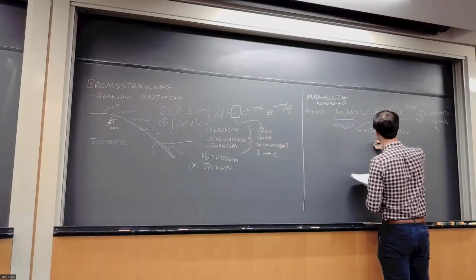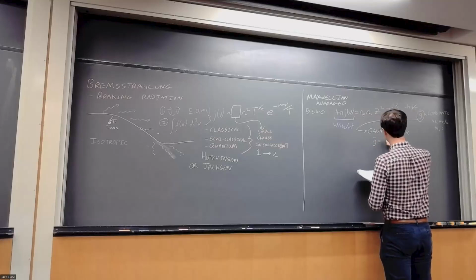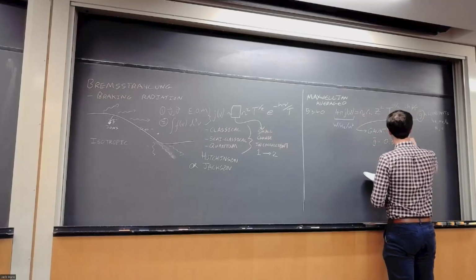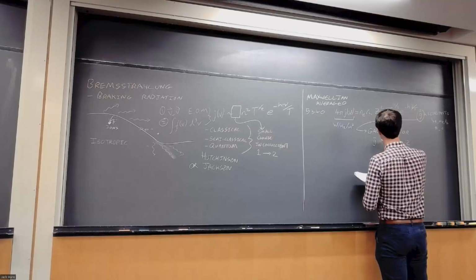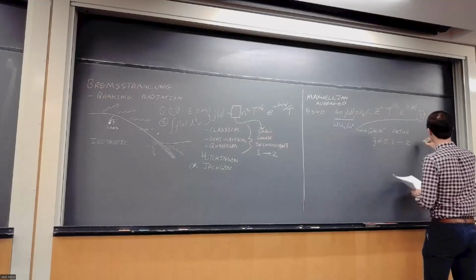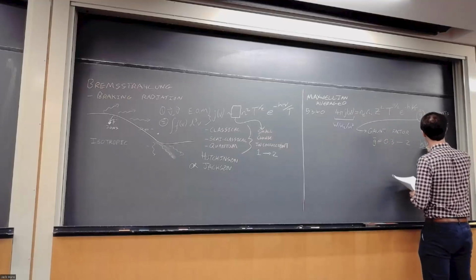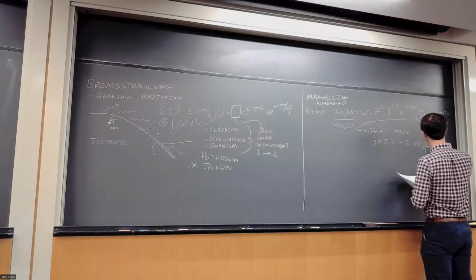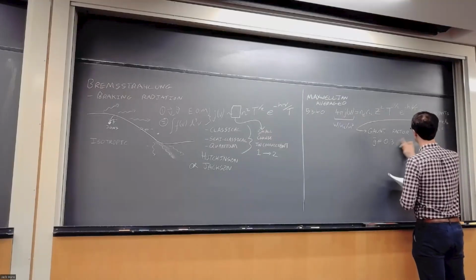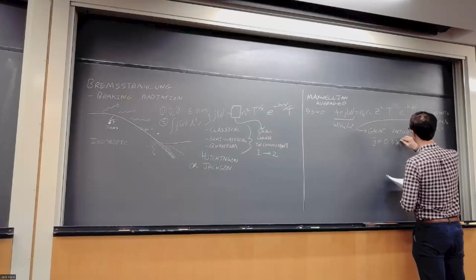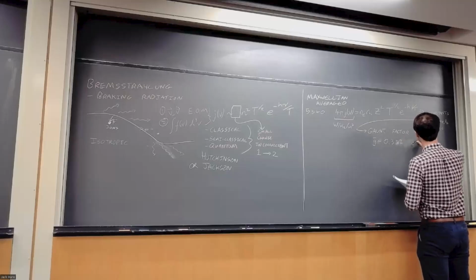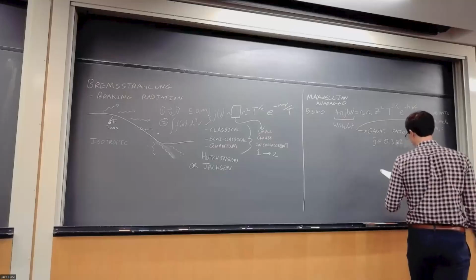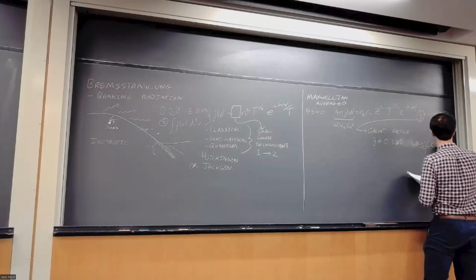So the Gaunt factor G bar goes from about 0.3 to 1 in a range where the photon energy compared to the plasma temperature goes from 0.1 to 10.